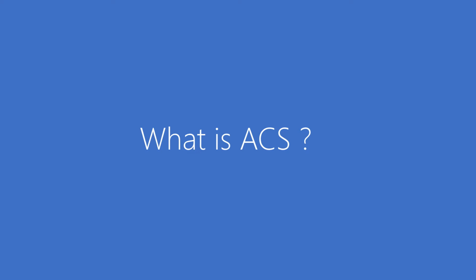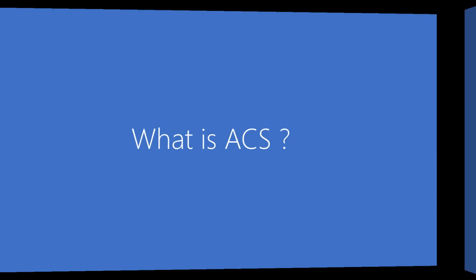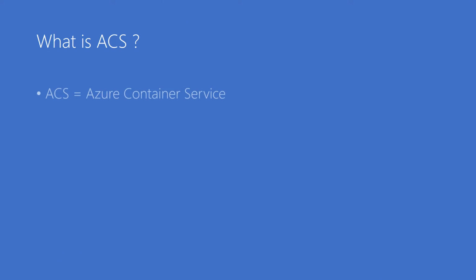In this section, we will look at what is Azure Container Service, also known as ACS. We'll have a look at how we can deploy ACS and what are the benefits of having a technology and infrastructure such as ACS. So what is ACS?